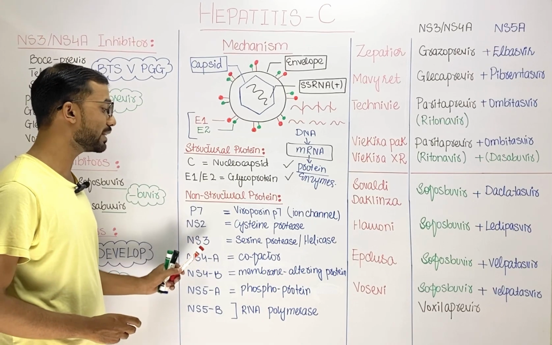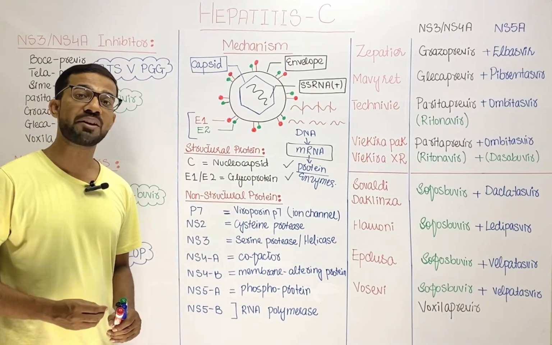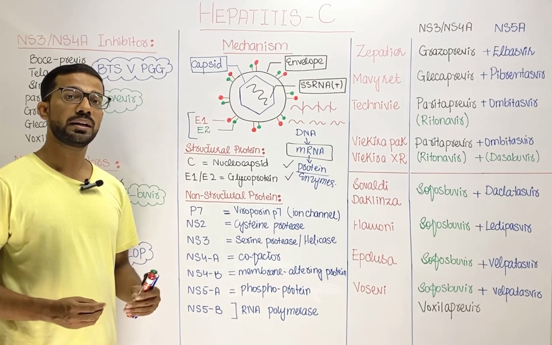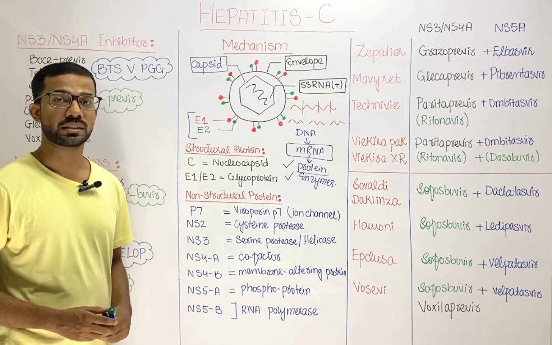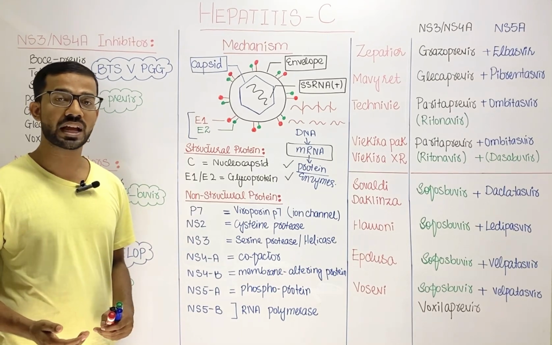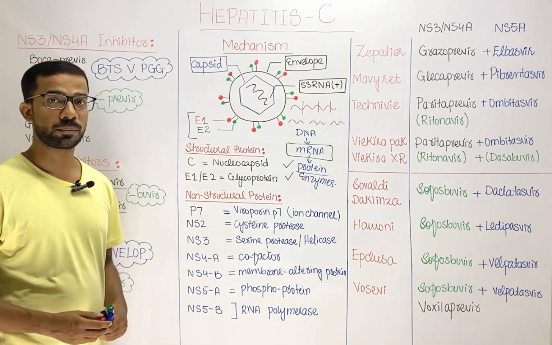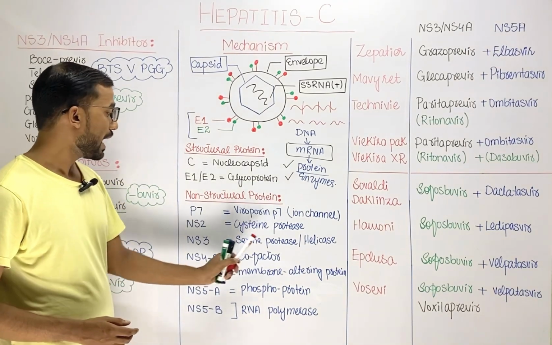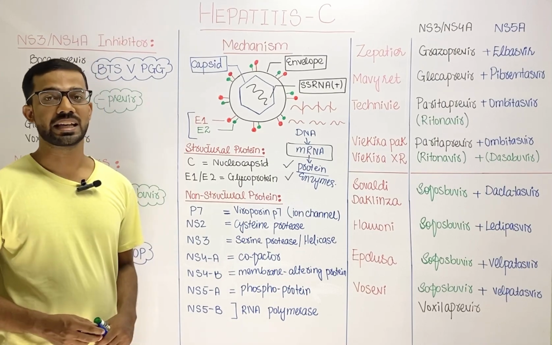Next is NS3, the serine protease. It does the same function, but cleaves different sites of the polyprotein. NS3 is also involved in another function, the helicase function.